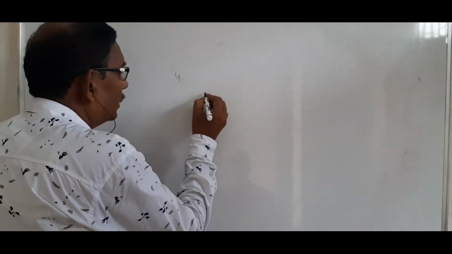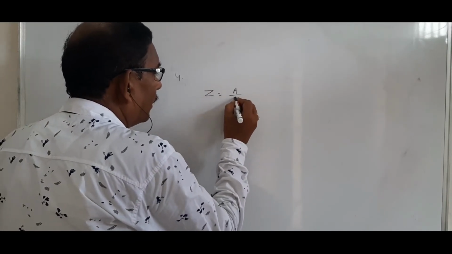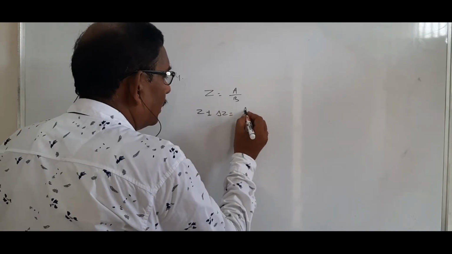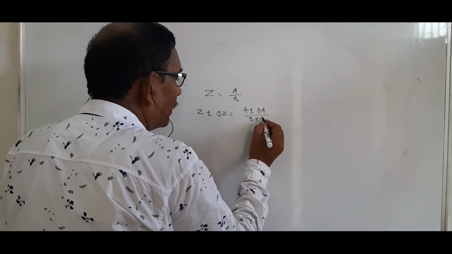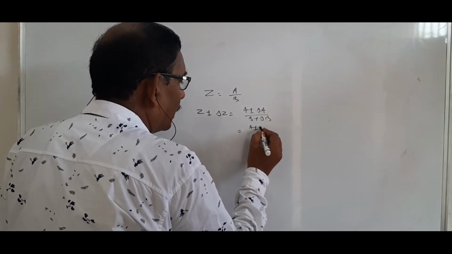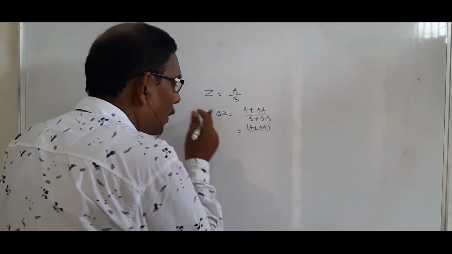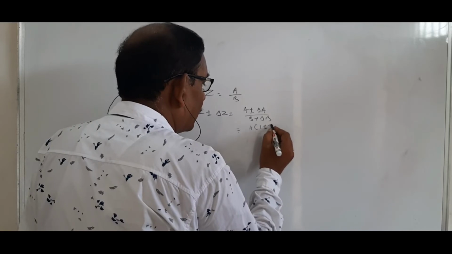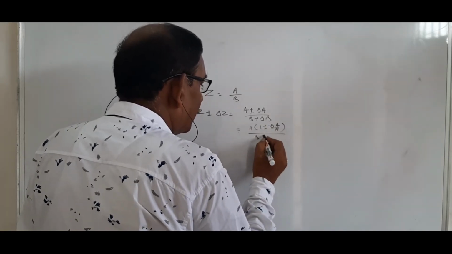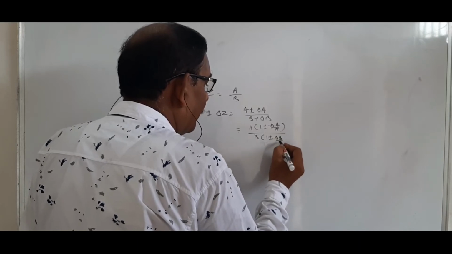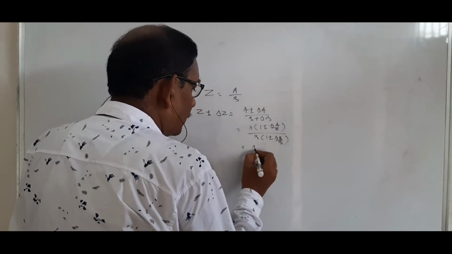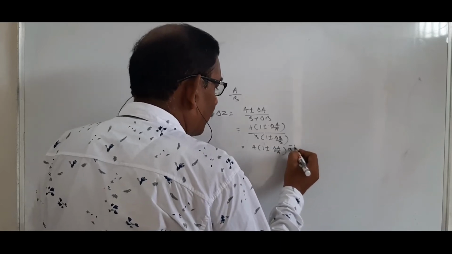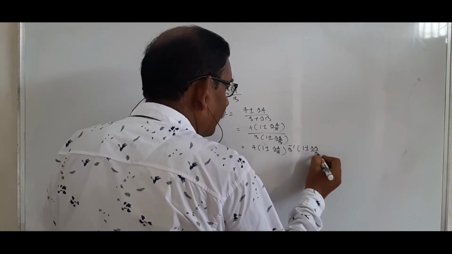The fourth one, if it is given in this way, Z is equal to A by B, Z plus minus delta Z, that is A plus minus delta A by B plus minus delta B. So taking A common, 1 plus minus delta A by A, and B common, 1 plus minus delta B by B, or it is A into 1 plus minus delta A by A, B to the power minus 1, 1 plus minus delta B by B to the power minus 1.